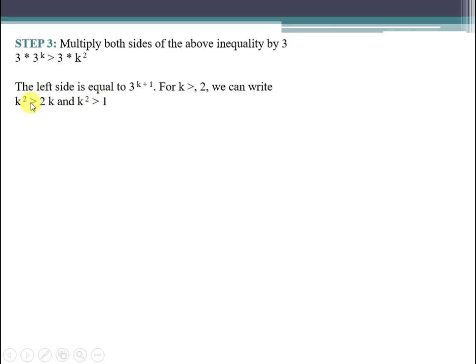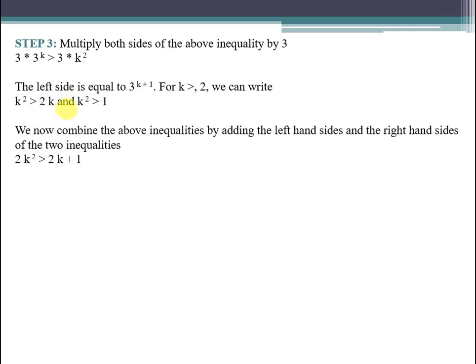And for k greater than 2, we can write here k squared is greater than 2k, and hence we have k squared is greater than 1. We now combine the above inequalities by adding the left-hand sides and the right-hand sides of the two inequalities. We have 2k squared greater than 2k plus 1.